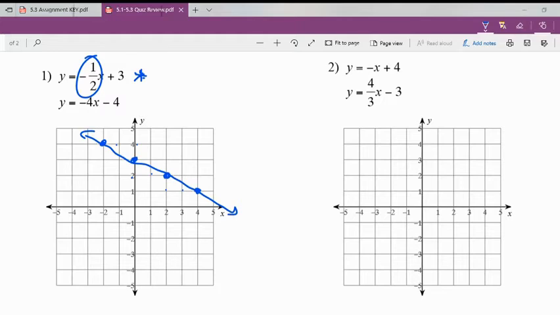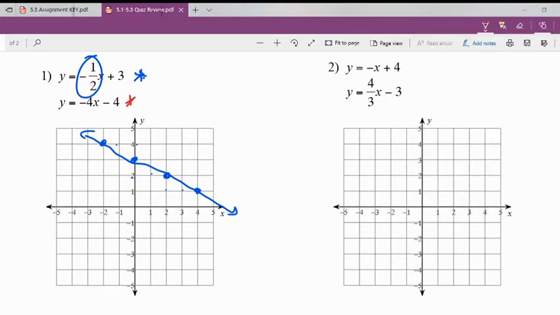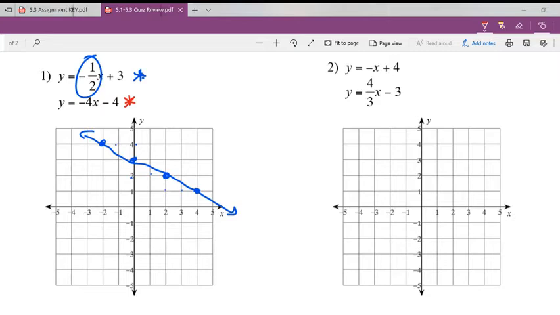All right. So then let's graph the other line. We have -4x minus 4. So for this one, what do I plot first? What is my y-intercept? Okay, good. So -4. So I'm going to put a dot at -4.